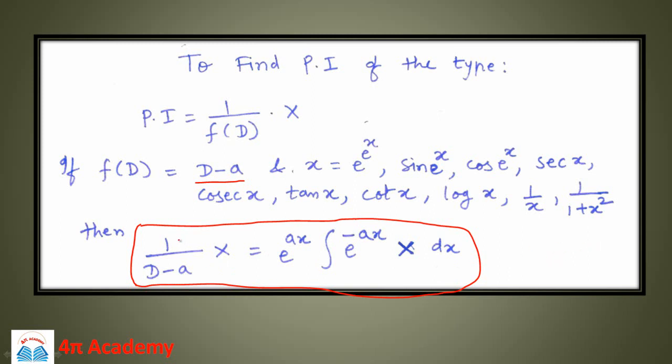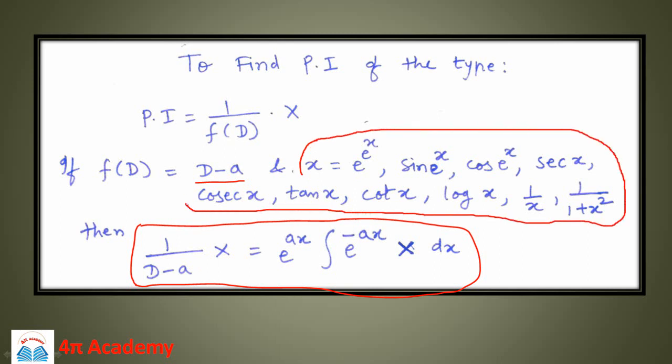You have to remember that if this f of D is of the type D minus a, then it will be 1 upon D minus a into X, where this X can be any of the following, that is e raised to power x, or sine of this, and so on.